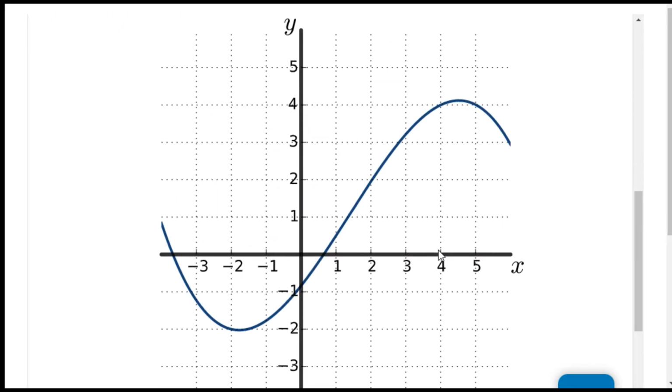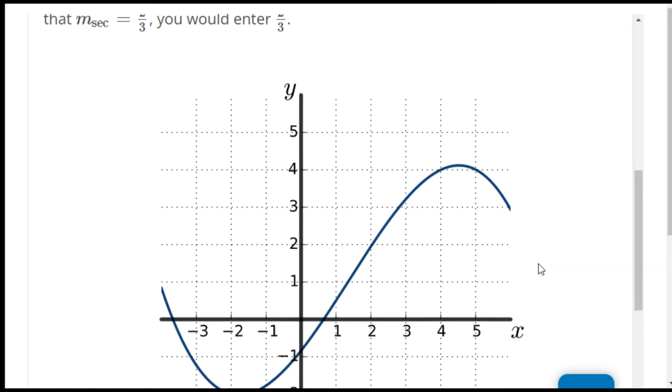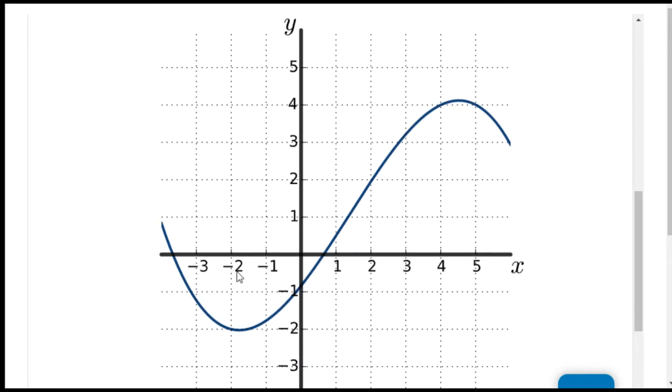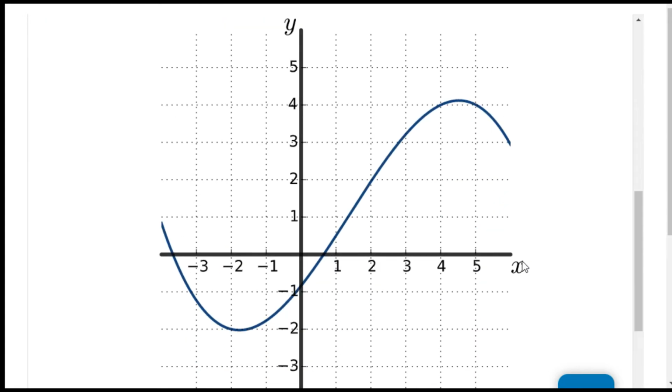Oh boy, we've got this graph here. Given the graph of the function, determine the average rate of change between -2 and 4. Okay. Well, there's -2 and there's 4.